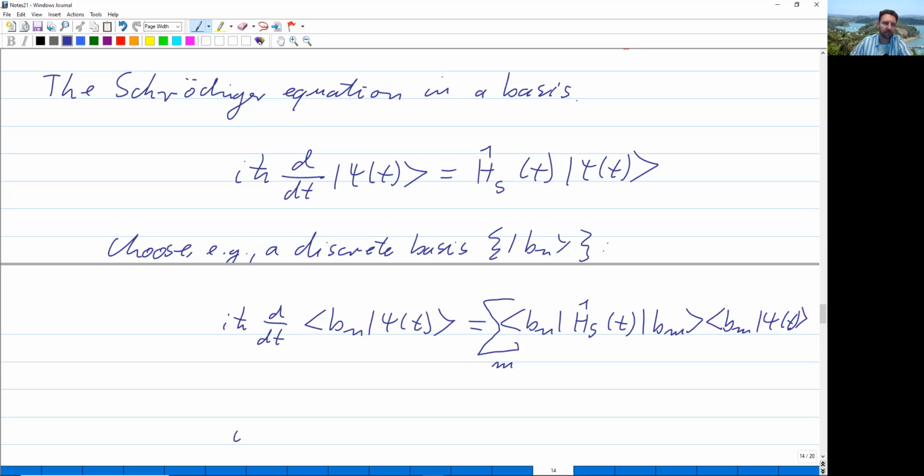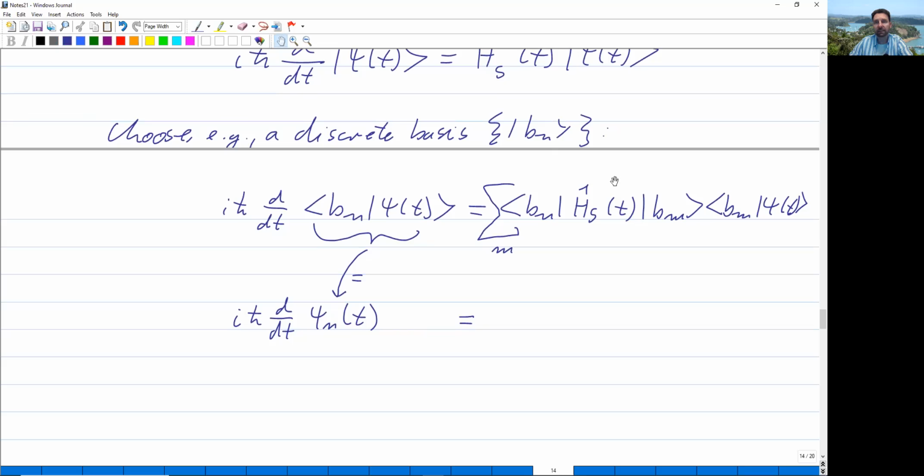So what we have is that i h bar d by dt of psi n of t is equal to, and here we have the matrix elements of the Hamiltonian, which is literally a matrix, right?